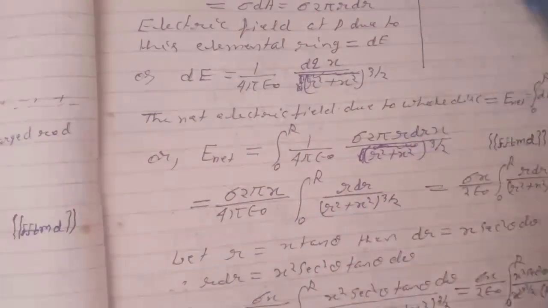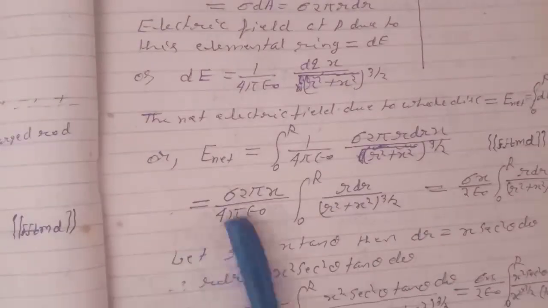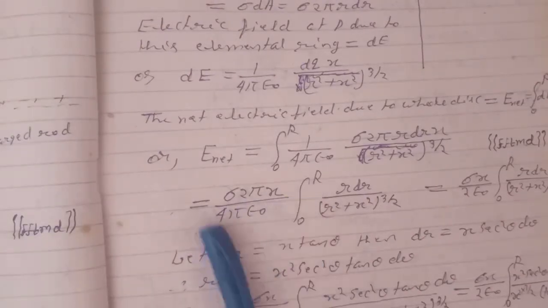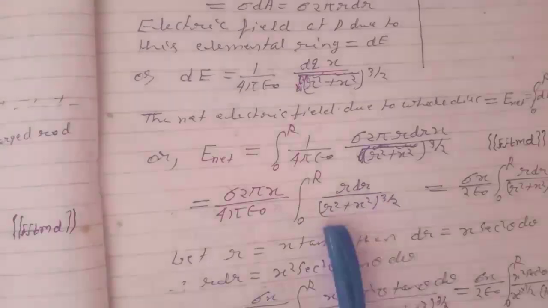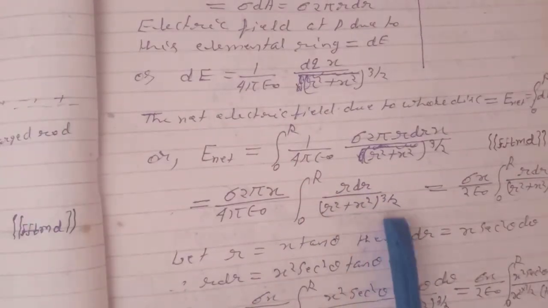Now x is fixed, so x will come out of the integration. So sigma into 2 pi x divided by 4 pi epsilon naught, integral 0 to R of r dr divided by (r square plus x square) to the power 3 by 2.